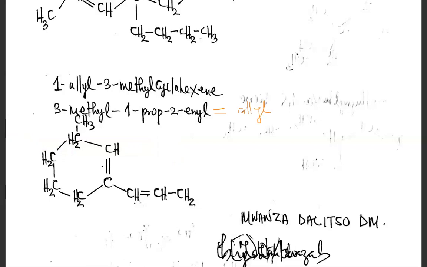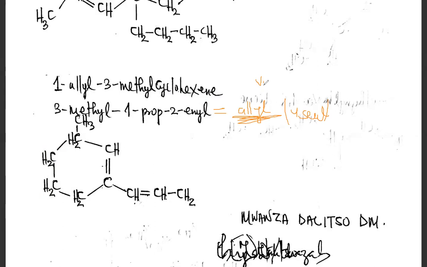It's just that because of the A, that is the rule of alphabetical order, the A comes in first. Now, with the nom UPAC, we are going to use propenyl. So, anil is la norme usuelle. Just like we had here, we had vinyl.